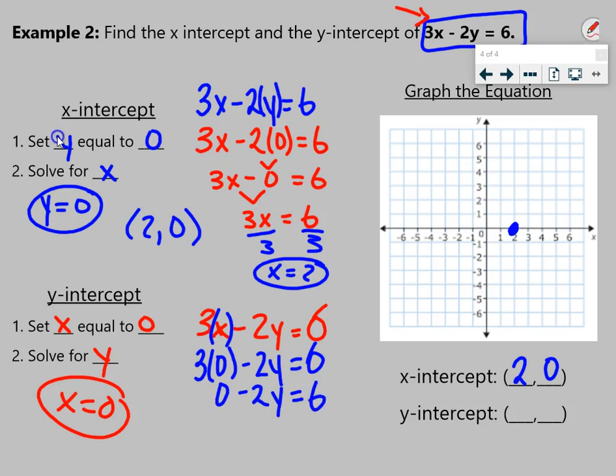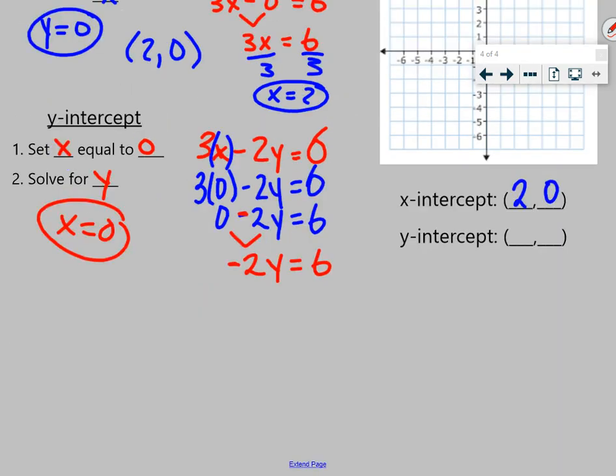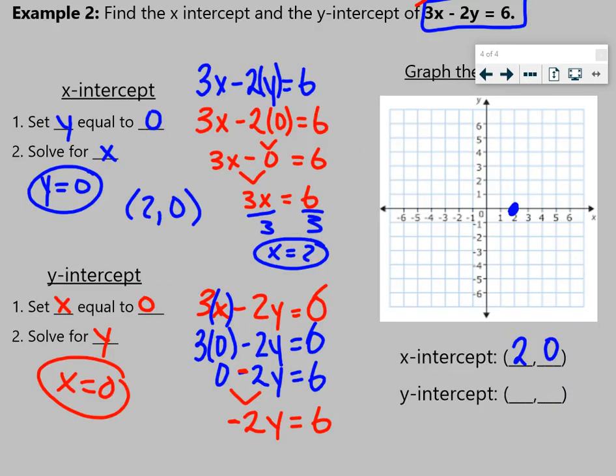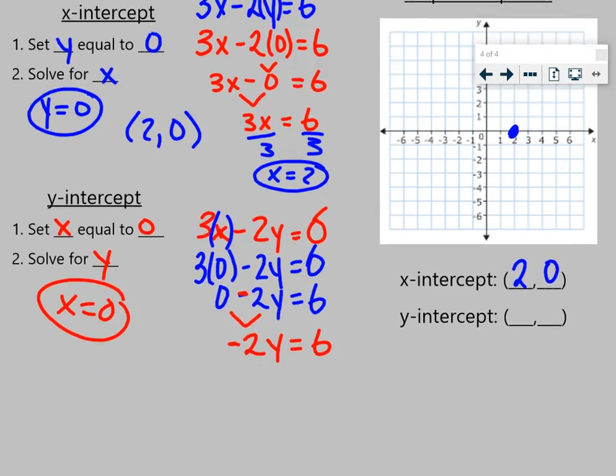Now careful on this one, 0 minus 2y is going to be negative 2y. That negative sign is going to stay with the 2, equals 6. We have negative 2y equals 6, so we have to divide both sides by negative 2 to get y by itself, and y equals negative 3.